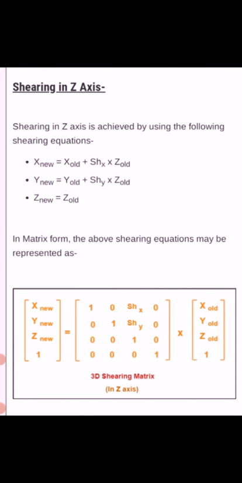Then coming to shearing in z axis, here there is no change in the z coordinate, that is, z new equals z old, and we can get x new using the equation x new equals x old plus shx, that is the shearing parameter towards x axis into z old coordinate, as well as we can get y new equals y old plus shy into z old.